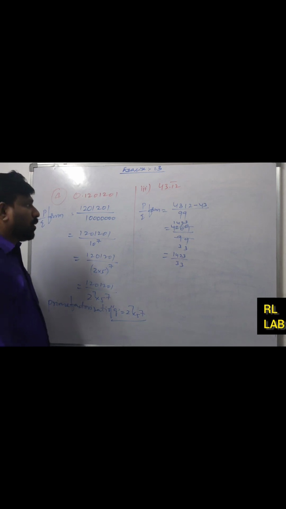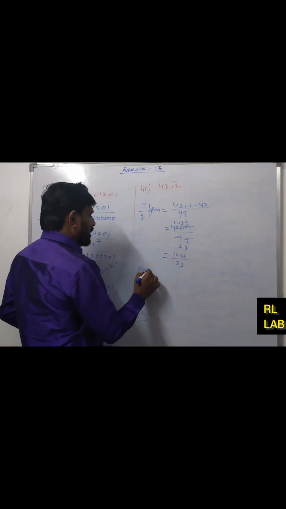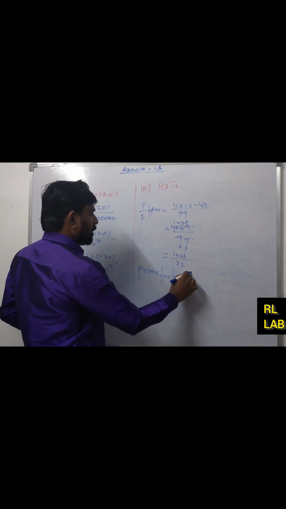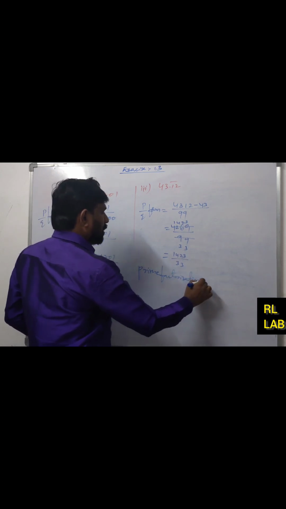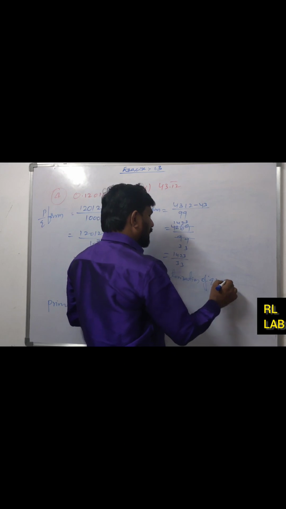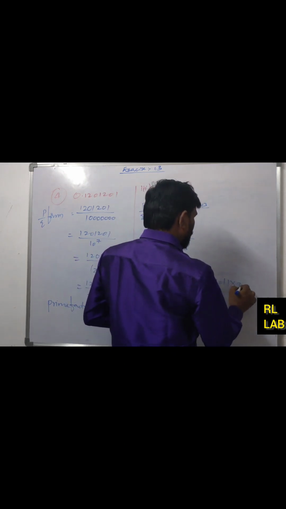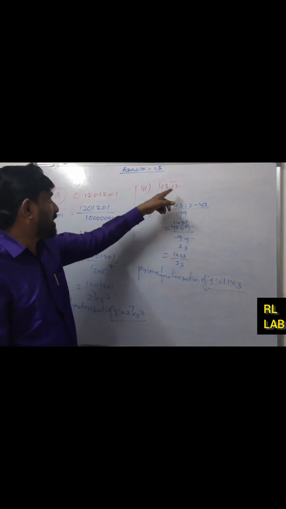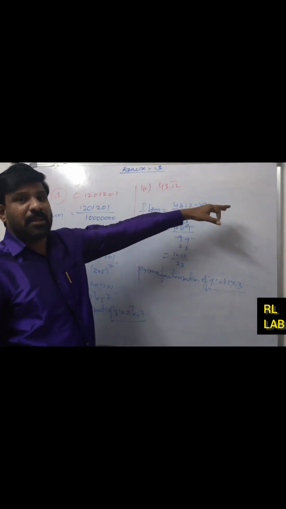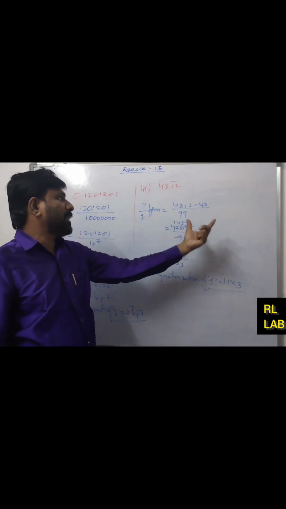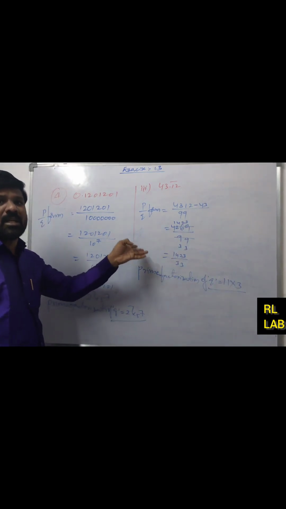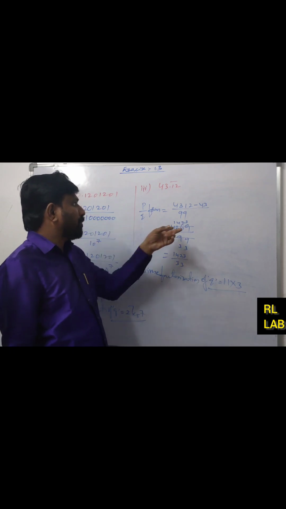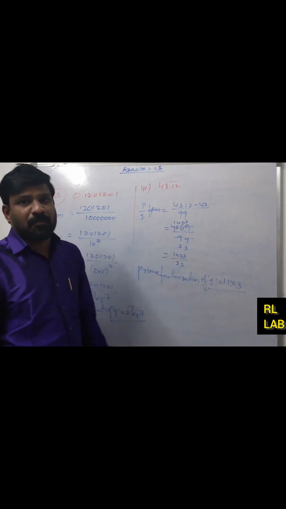Now the prime factorization of Q is simple. Q is nothing but 330, which is 11 into 3 or 3 into 11. Done. One more is 0.63 bar, is it? That's simple. 63 minus 0 by 99. 63 by 99 is the answer, or else 21 by 33.